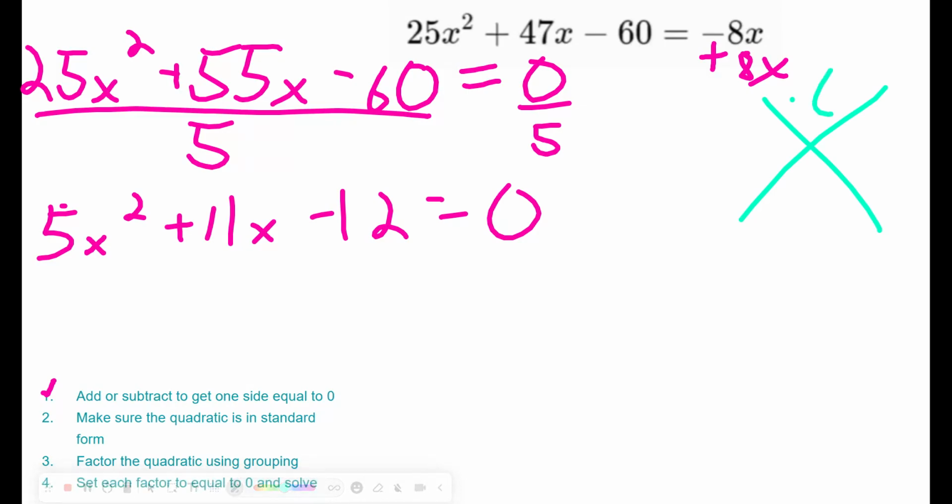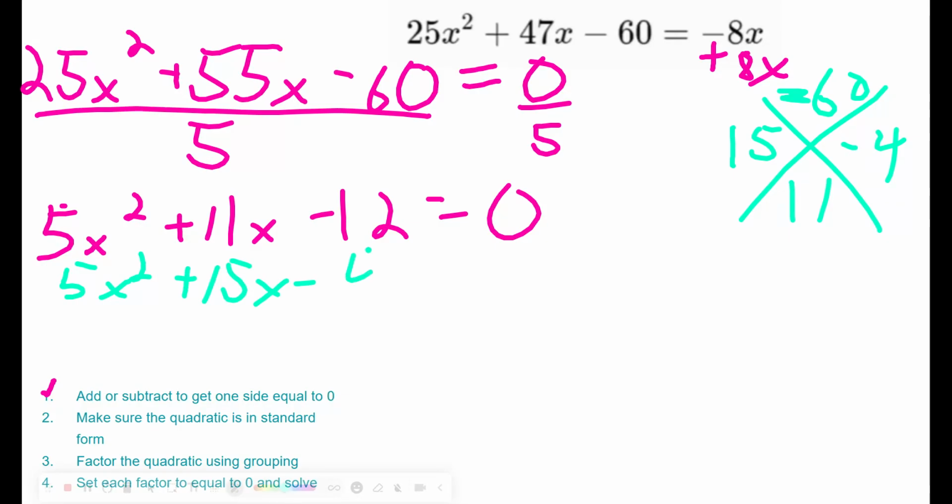5 times negative 12 is negative 60. Negative 60. And positive 11 on the bottom. So we're going to need a positive and a negative that multiply to negative 60 and add to 11. I'm going to go 15 and negative 4. So 5x squared plus 15x minus 4x minus 12.